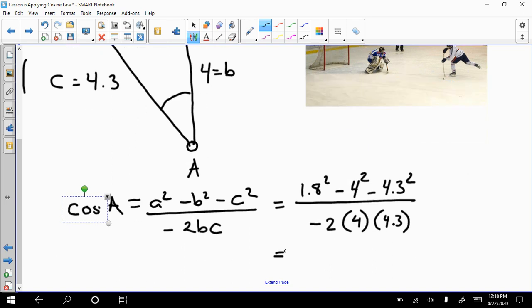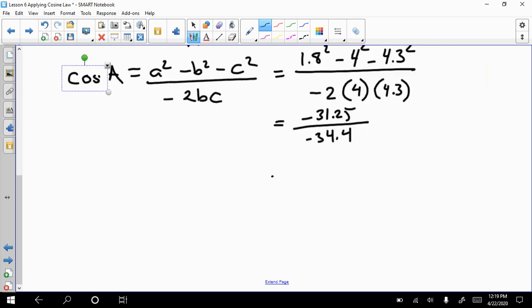Let's see what we get here. 1.8 squared minus 4 squared minus 4.3 squared equals, I get negative 31.25 on the top, and on the bottom it's negative 2 times 4 times 4.3, so it's negative 34.4. Make sure you're getting the same numbers, and then when I divide, two negatives will make a positive.